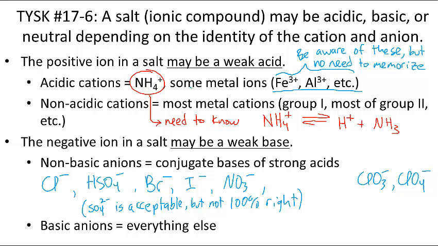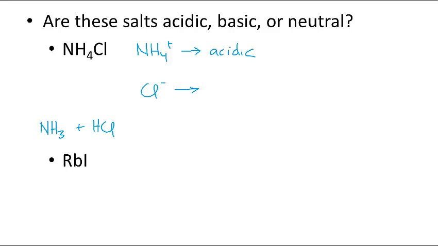It's the conjugate base of a super strong acid, which means it's super weak. So this is not basic. So if I combine something that's acidic with something that's not basic, the overall result is this salt is acidic.